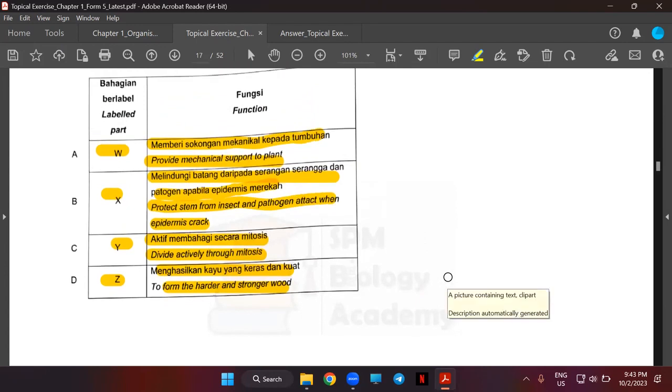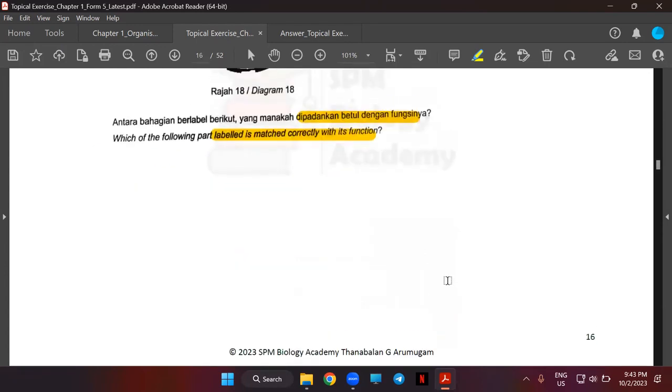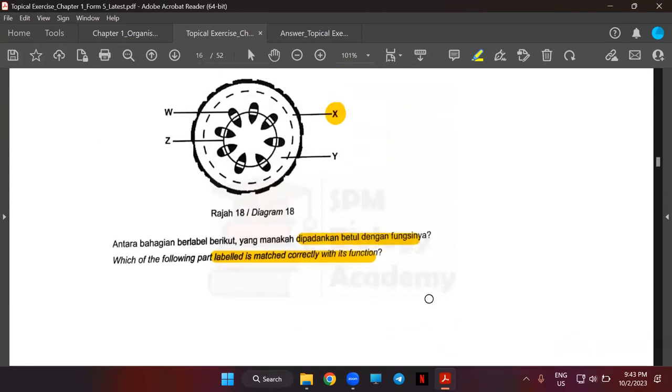Okay, hold on for a while. X, protect. We're talking about cork cambium actually. X pun bunyi betul juga because di bawah epidermis ialah cork cambium. Cork cambium menghasilkan sel gabus, cork cells that form the new bark actually.